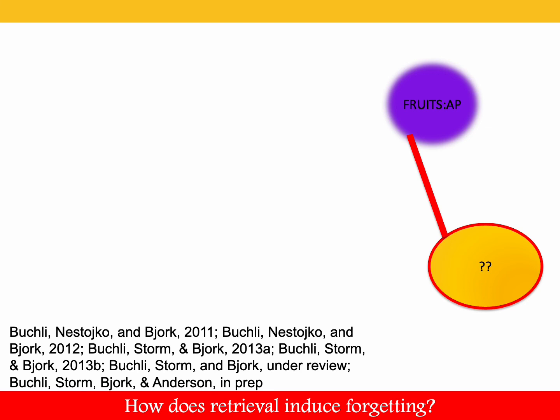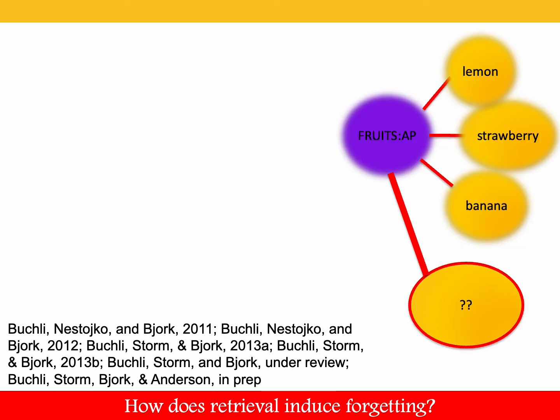During that retrieval practice phase, when participants see fruit colon AP, when they go to retrieve that item, apple is going to get activated in their memory.